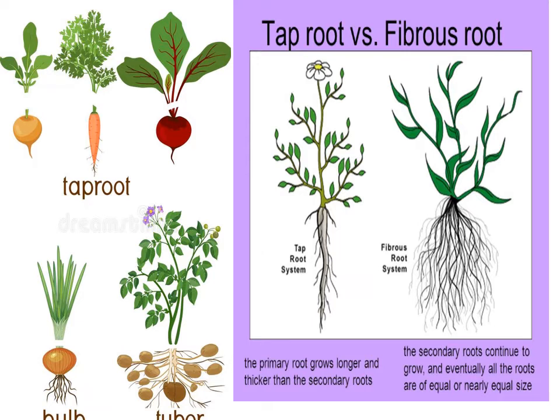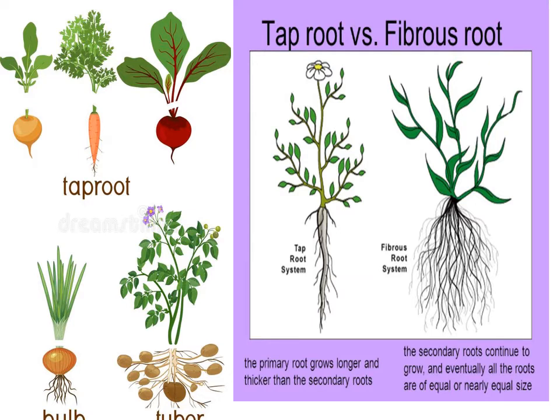So the main root is called the primary root and it has secondary roots growing, and the secondary roots will have root hairs growing on them. The important function of the root hairs is to absorb water and minerals from the soil. Some of the examples, as you can see in the slide, of taproot are carrot, beetroot, radish, peanut, etc.